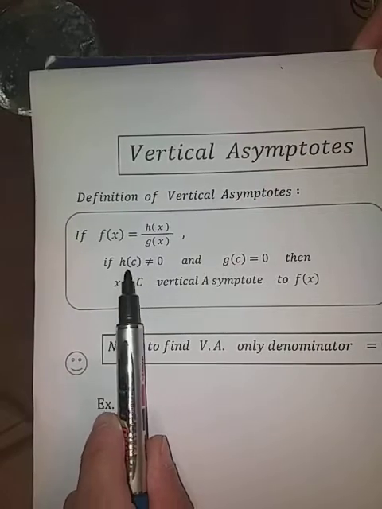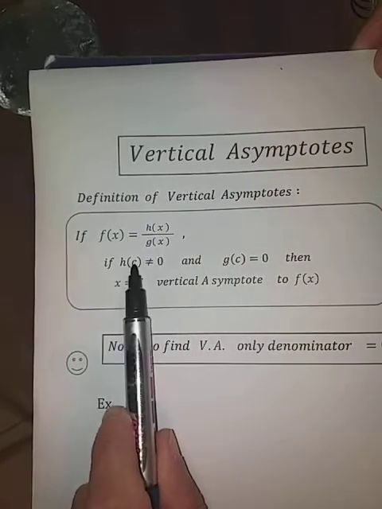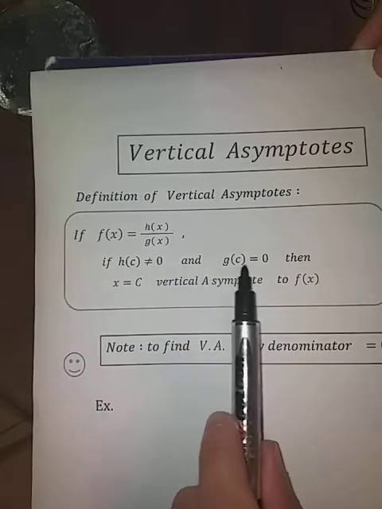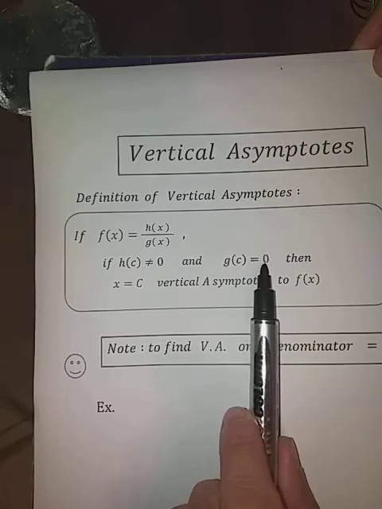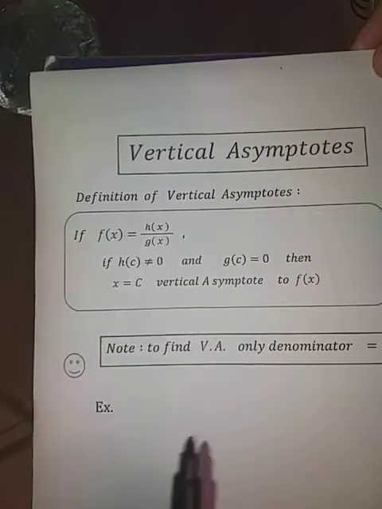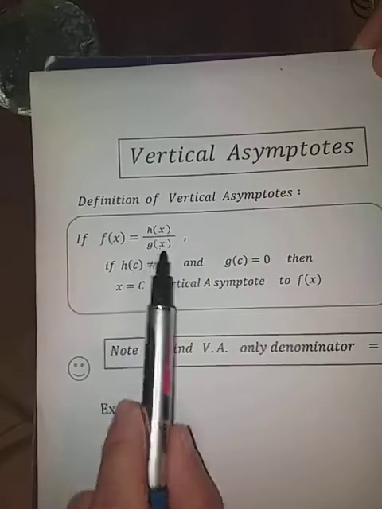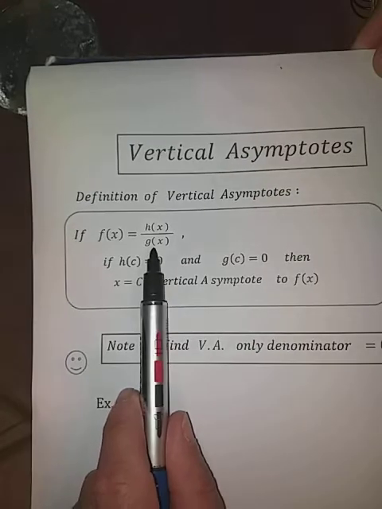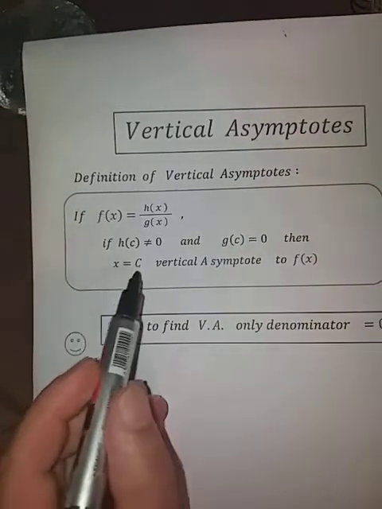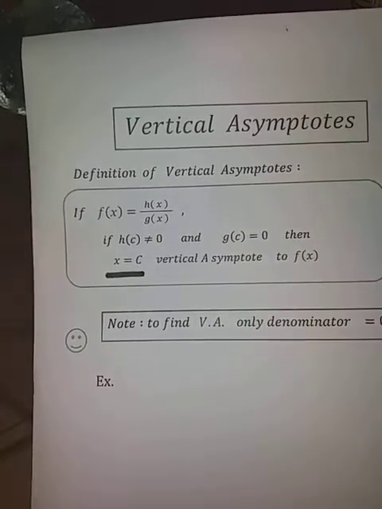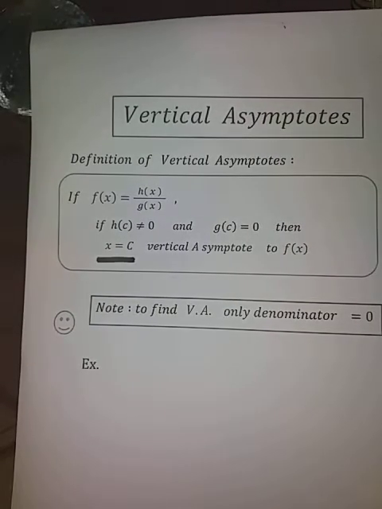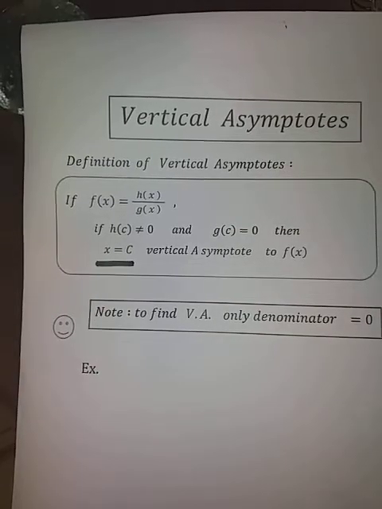If h of c, for any number c, is not equal to 0 and g of c is equal to 0, what does this mean? It means only the denominator is equal to 0. If only the denominator is equal to 0 at a given number, then you can say x equal to c is a vertical asymptote.